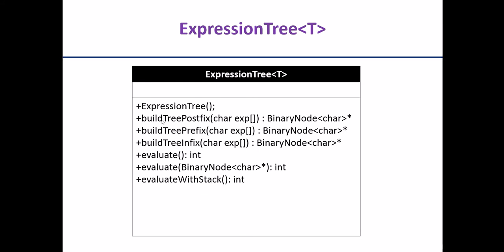We may have a constructor, build tree postfix, and build tree prefix. That means we are given an array of characters, and we will get a tree. The root node of the tree is returned, and instead of T, we specify the type char.